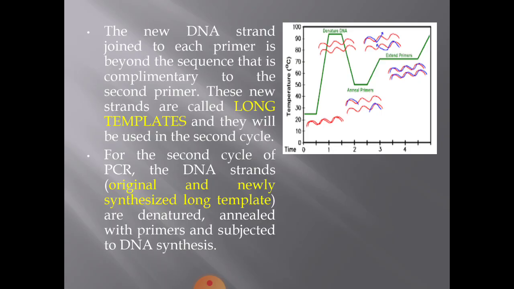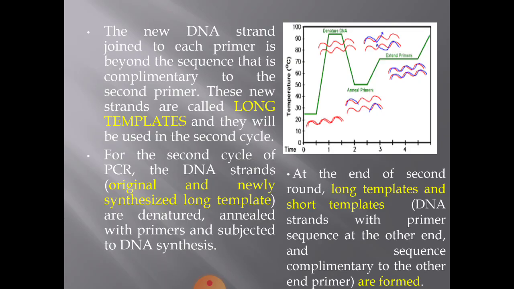So for the second cycle of PCR, the DNA strands, original 2 and newly synthesized long templates 2, plus 2, 4, are subjected to denaturation, annealing and synthesis, right? So at the end of the second round, you will get long templates and the DNA strands which are copied along the long templates, called short templates, right?